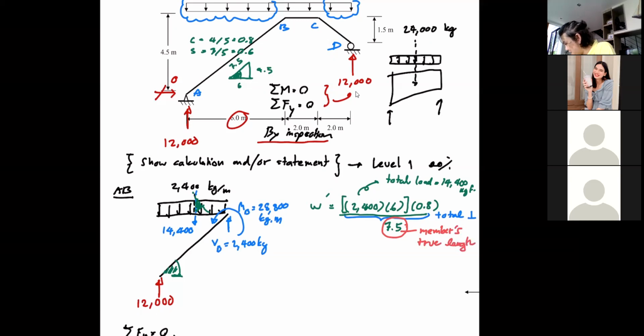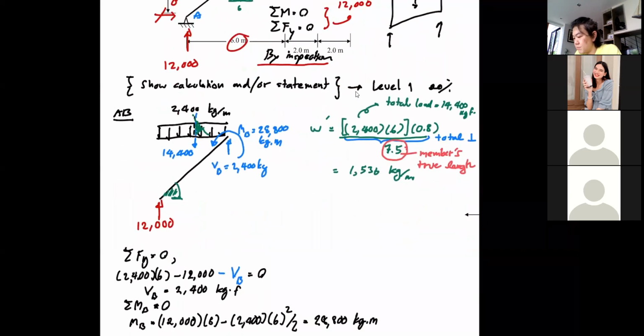Okay, so that would be equal to, in the end, 1536 kilogram per meter. Okay, so let's say from this we can now have this.